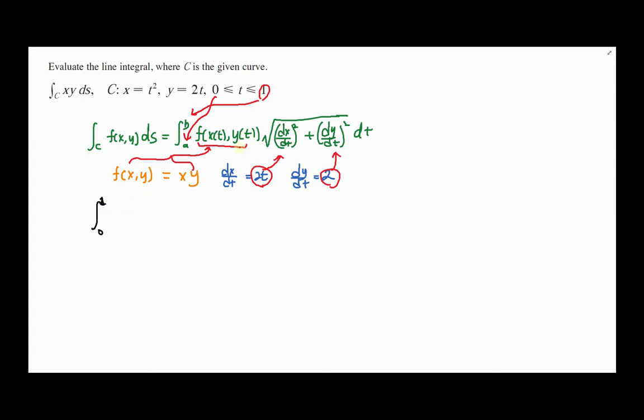Okay, here's something we have to be careful about. It said the x(t) and y(t), so let me plug t squared into our x and then 2t, and you will notice that they multiply out to 2t cubed. Okay, now we are complete.